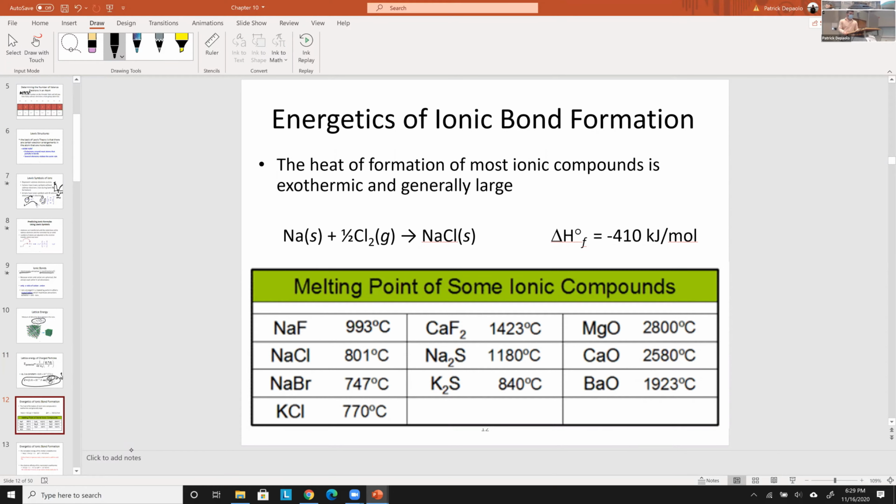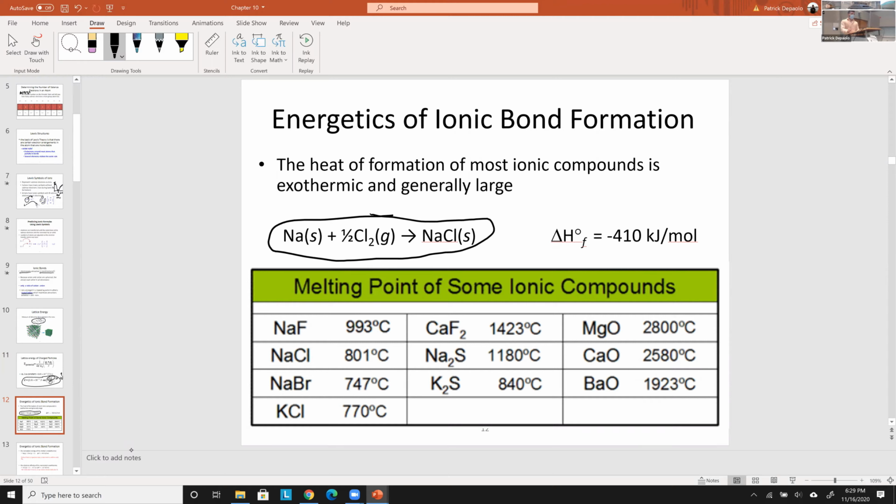So here are some examples of this in action. We're going to be talking about this kind of equation in a bit with the Born-Haber cycle. But before that, let's look at some melting points of ionic compounds, and we'll see why that's the case. So NaF. Well, let's establish something.